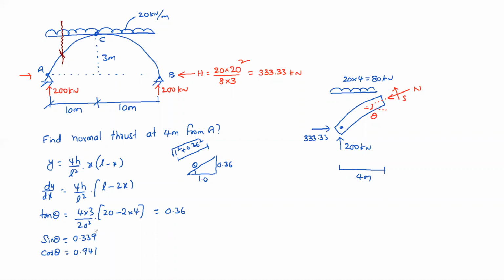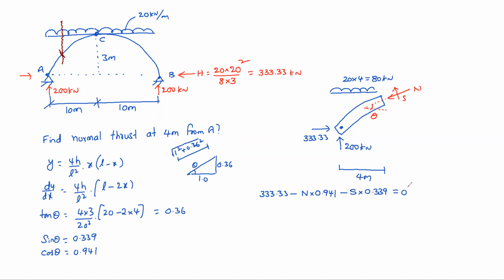Now equilibrium condition. Horizontal equation: 333.33 is in rightward direction, minus N cos theta, 0.941, minus S sin theta, 0.339, equal to 0. S also is in leftward direction. That is sigma H equal to 0.